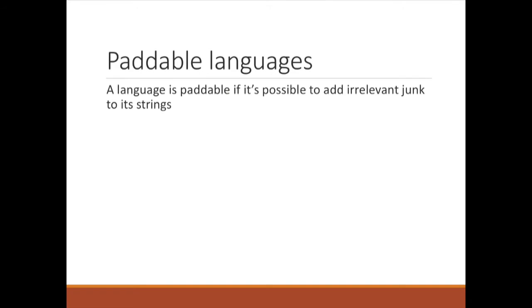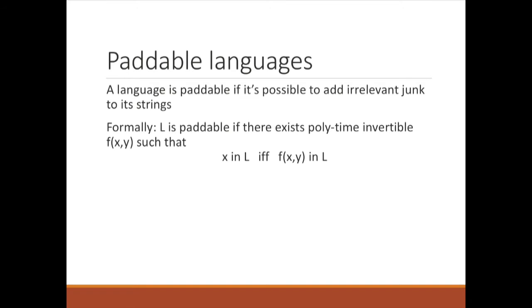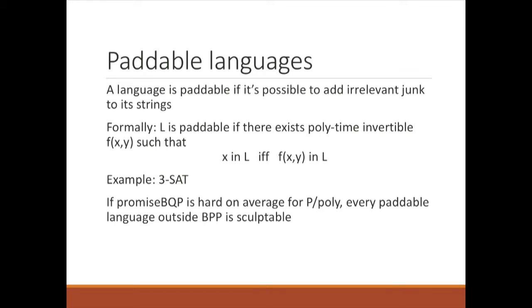It turns out that if a language is something called paddable, meaning you can add irrelevant chunks to any input, like 3SAT has this property, then we can show sculptability, assuming a complexity theoretic conjecture that promise BQP is hard on average for P/poly.